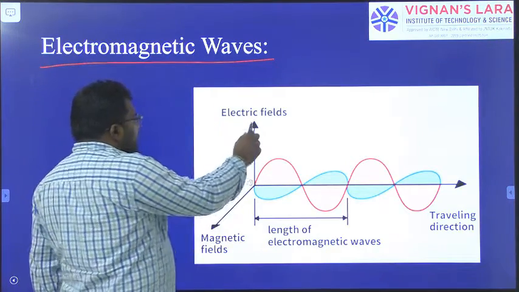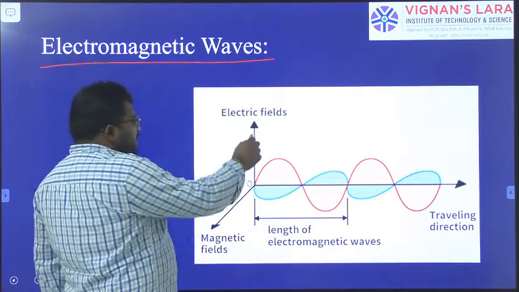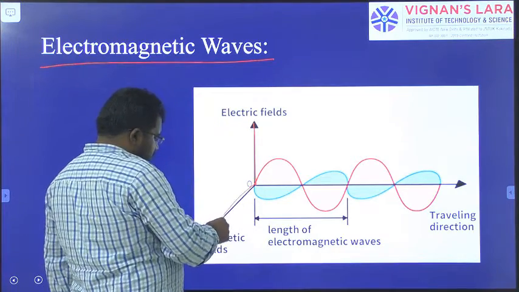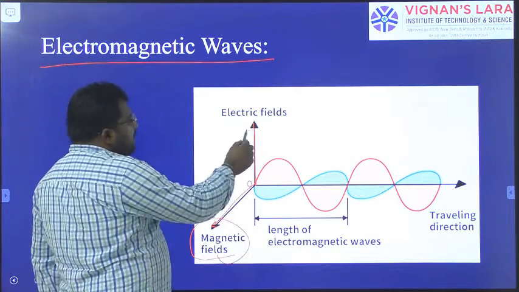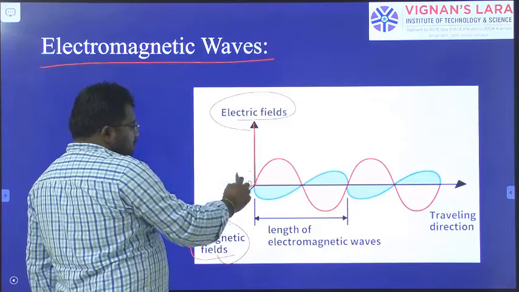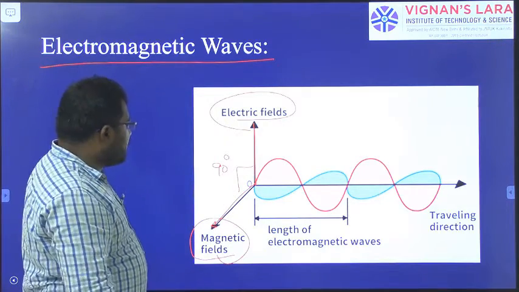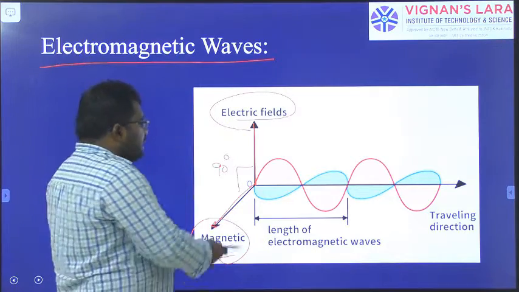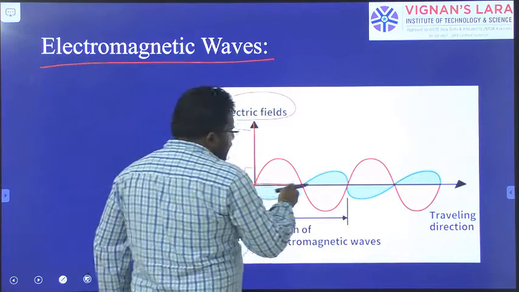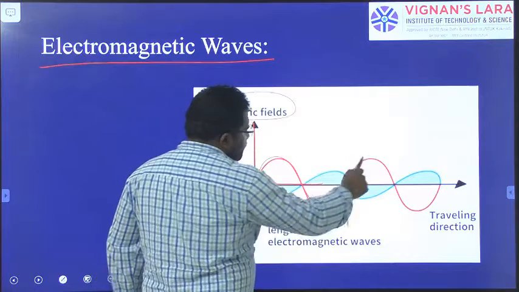We have the electromagnetic waves. We have 2 fields: one is the magnetic field, another one is the electric field. Those run at 90 degrees, perpendicular to each other. So light or waves move like this, up and down, right?